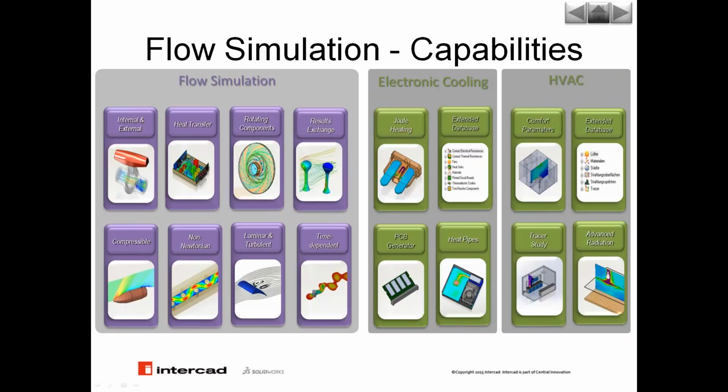Just as a wrap up, flow simulation is an add-in. Well, it can do multiple things as internal, external flow, heat transfer, and any other application. Also, it could specifically go for electronic cooling module and HVAC studies, where you're accessing a very large and huge database of the material in our flow simulation package.